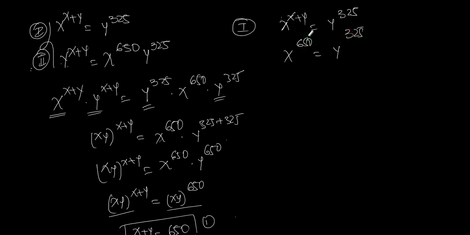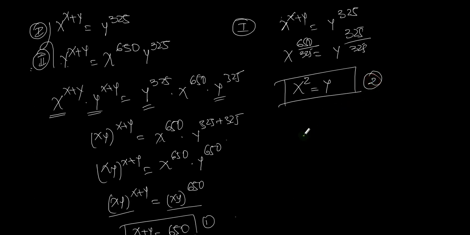This is the double of this, because if I multiply by 2, I get this. So I'm going to divide the powers: 650 divided by 325 is 2, and this is equal to y. So x squared is equal to y. Let's say this is our second equation.